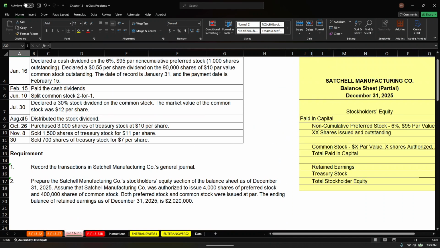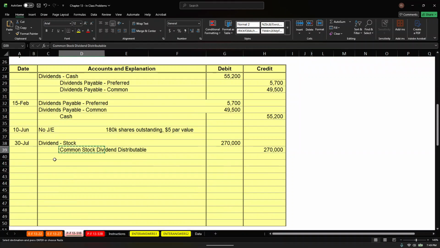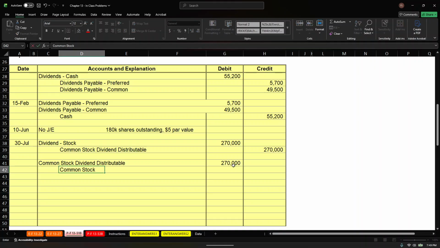Now we're going to actually pay it out. We're going to create those shares. So we're going to basically debit this, and we're going to issue the shares, common stock, $5 par value. And if you wanted to put how many shares that you're creating, so common stock, $5 par value.